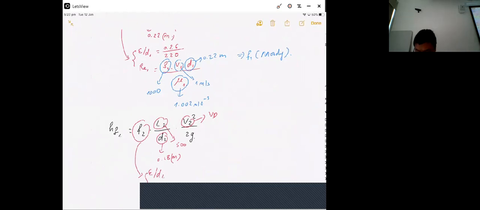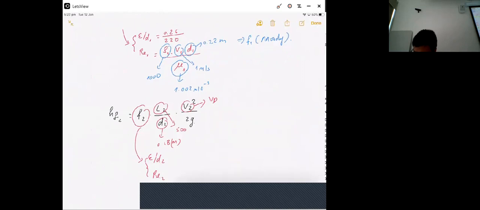Epsilon over D2 is 0.26 divided by 180 millimeter; 0.26 millimeter is the roughness. Reynolds number 2 equals rho2 V2 D2 divided by mu2.